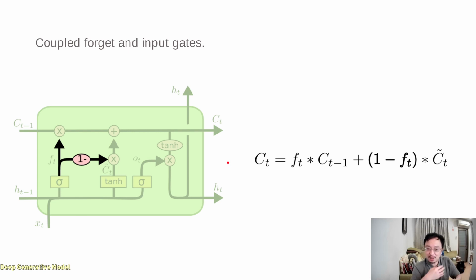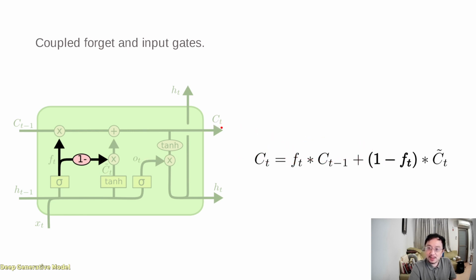If that is the algorithm in your mind, then maybe we do not need to compute the new gate independently. Maybe we just use the complement of this gate.